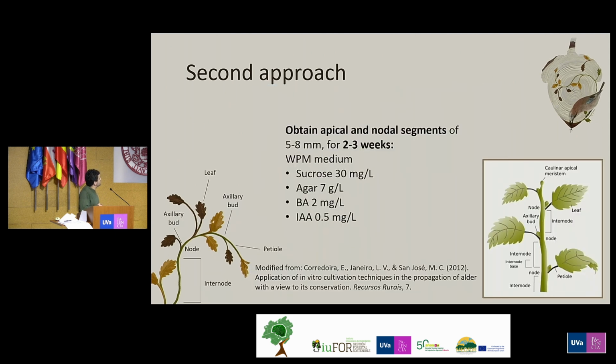Then I follow this protocol that is modified from an article that managed to do in vitro culture, but with a low rate and more time consuming, but it was very helpful, of course.